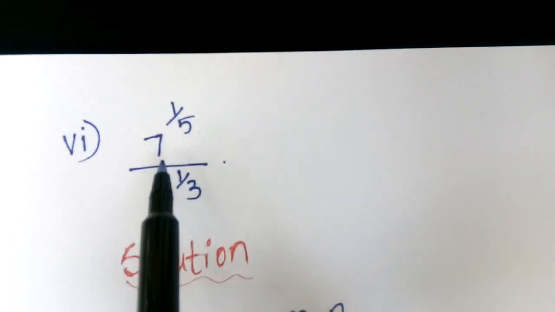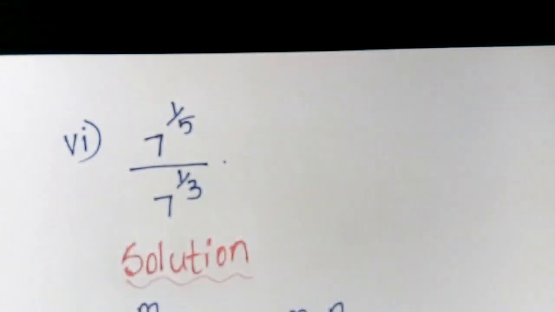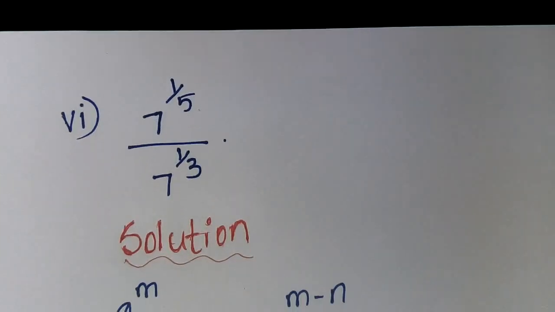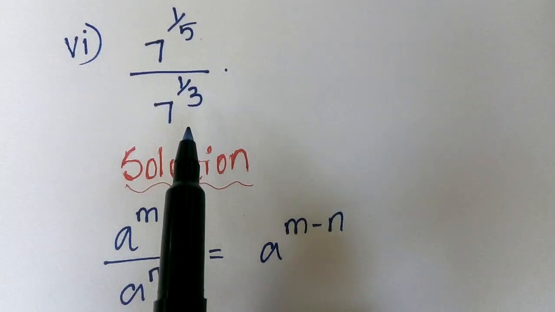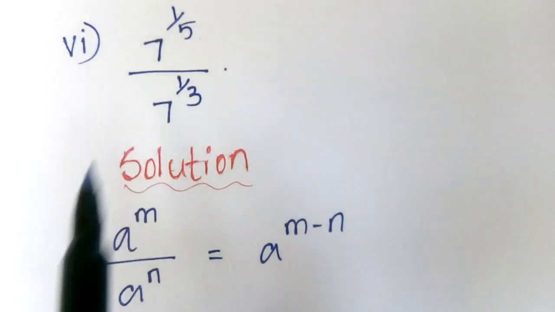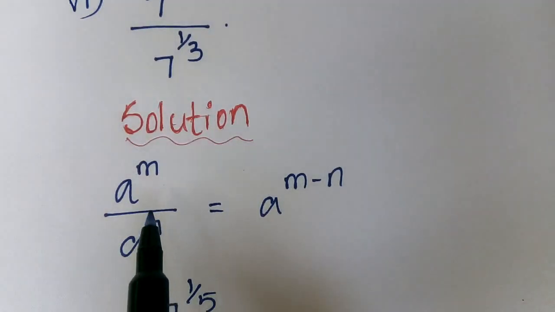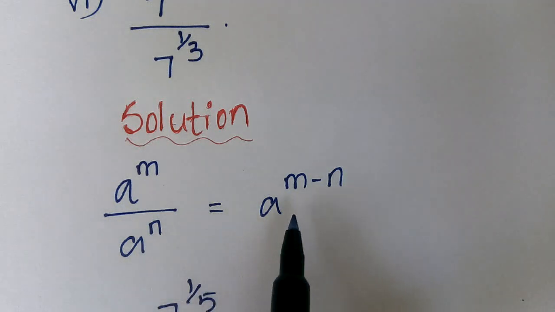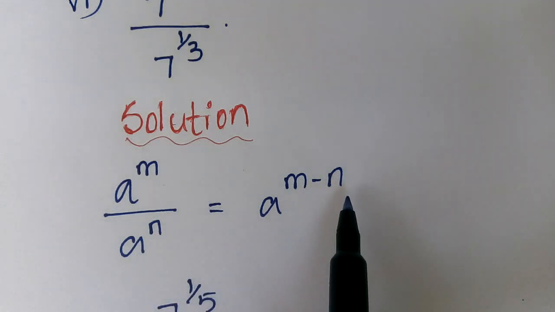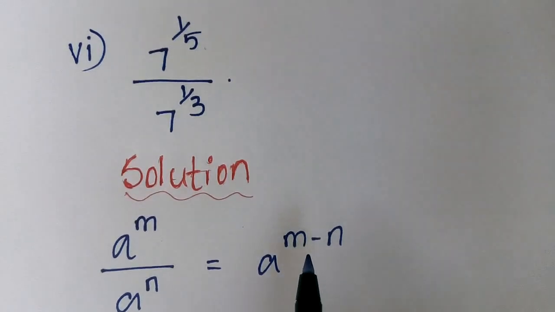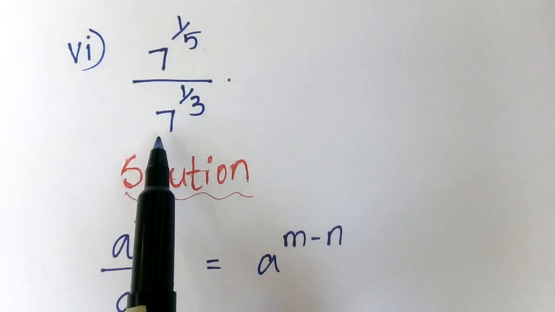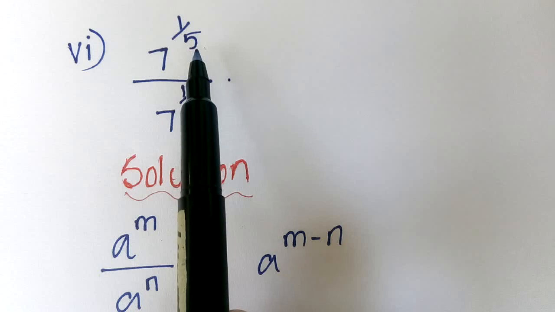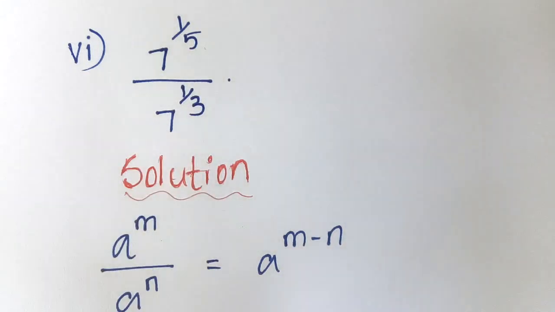Sixth question. 7 to the power 1 by 5 divided by 7 to the power 1 by 3. You can apply the law a to the power m divided by a to the power n is equal to a to the power m minus n. Here a is 7, m is 1 by 5 and n is 1 by 3.